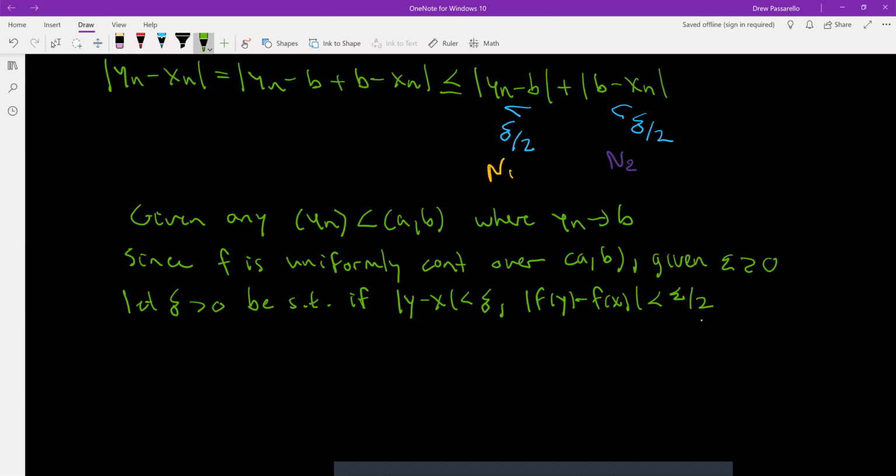All right, just using the fact that it's uniformly continuous.